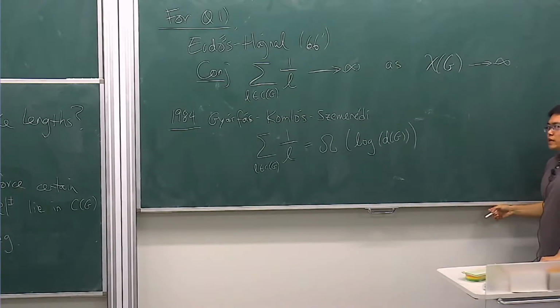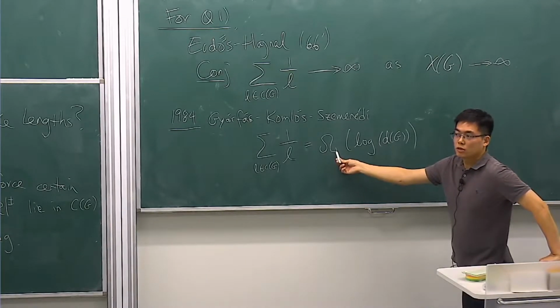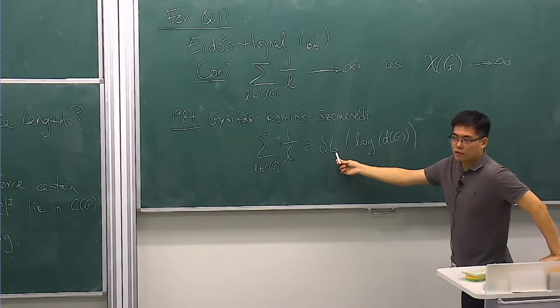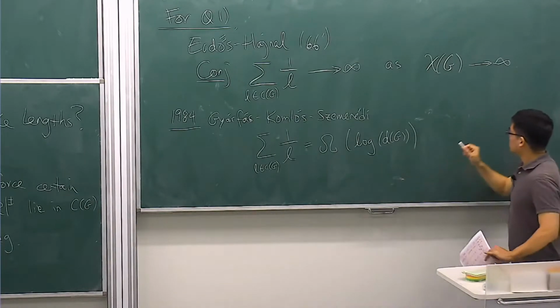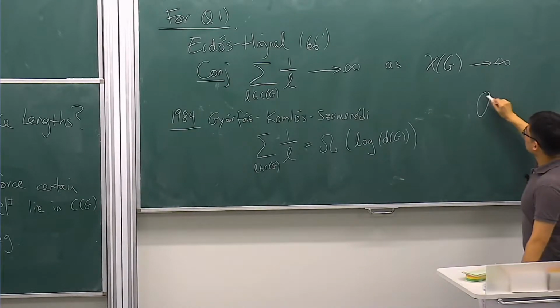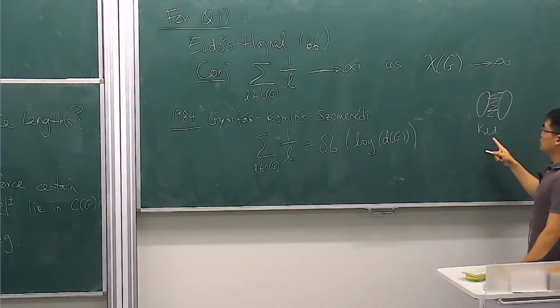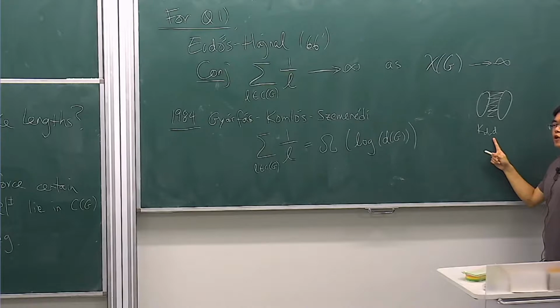I would like to remark that this is optimal up to the implicit constant, by looking at, for example, K_{D,D}. This graph has average degree D, and you have all even cycles from 4 to 2D.